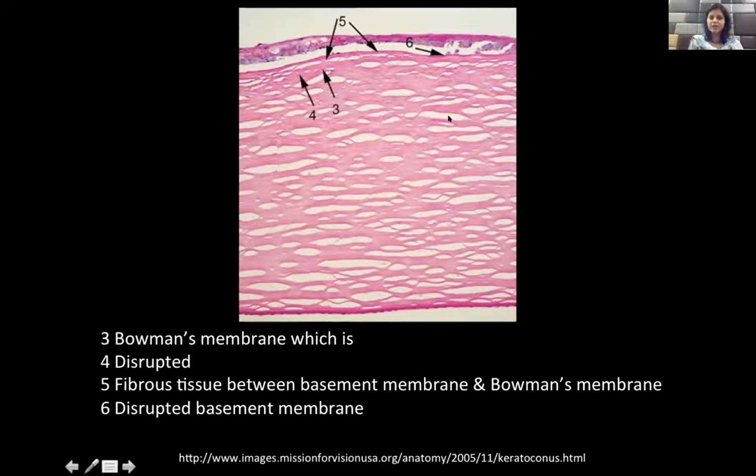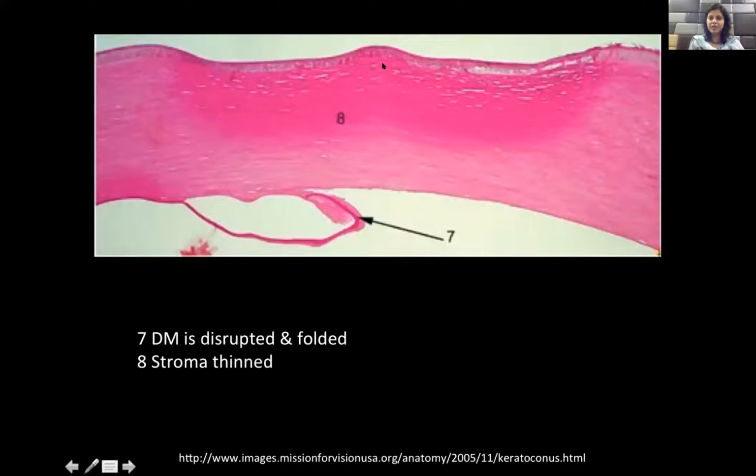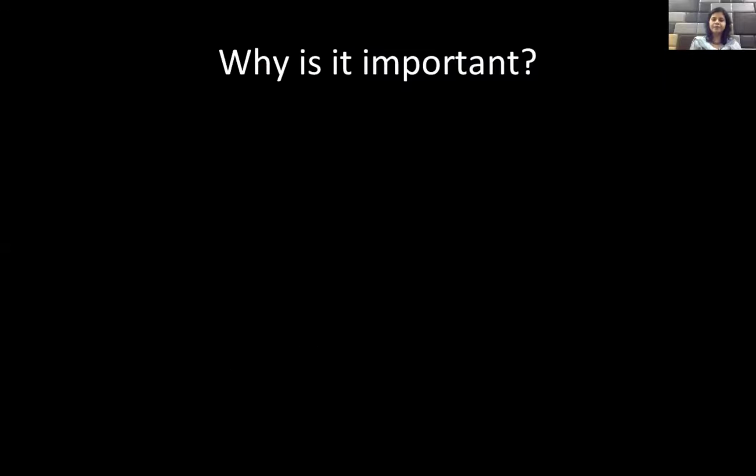Very, very simple. Just say, Bowman's membrane is disrupted. There is disrupted basement membrane of the epithelium. There's fibrous tissue between basement membrane and Bowman's membrane. And you can also see Descemet's membrane being disrupted and folded, which clinically presents as hydrops, or sudden decrease of vision and swelling of the cornea.